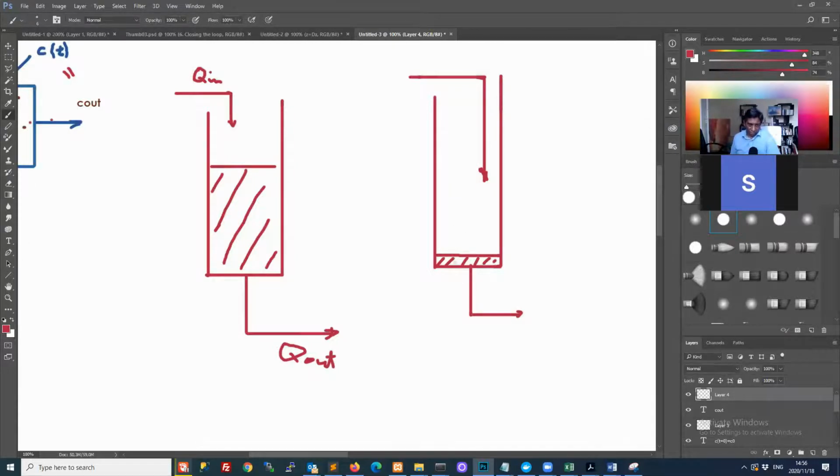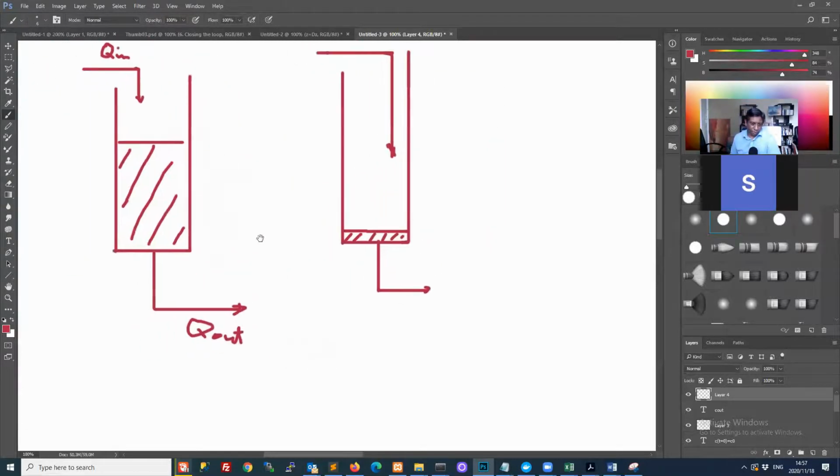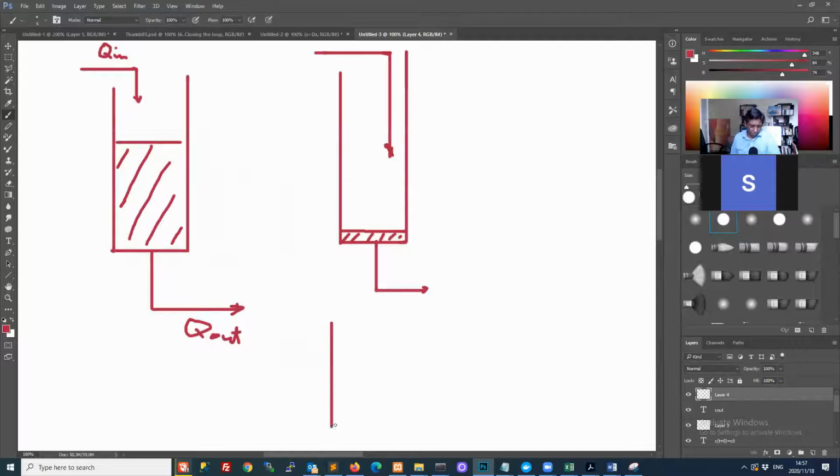The volume keeps rising until it's high enough that it poses significant driving force, enough pressure being exerted by this fluid that the flow rate here becomes high enough that it equals that flow rate. So what we expect to happen is that the volume will change with time. If you start with a small amount here, it's going to increase, and then it will level out.